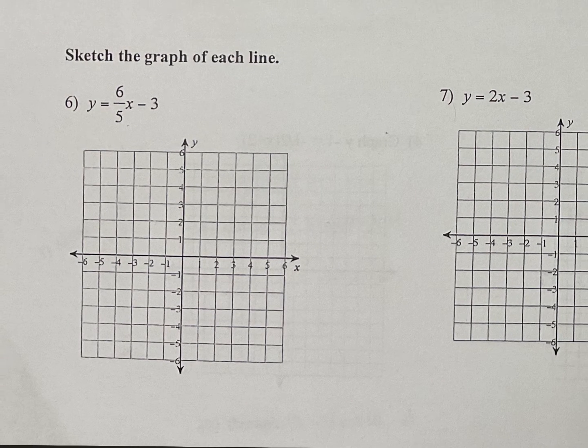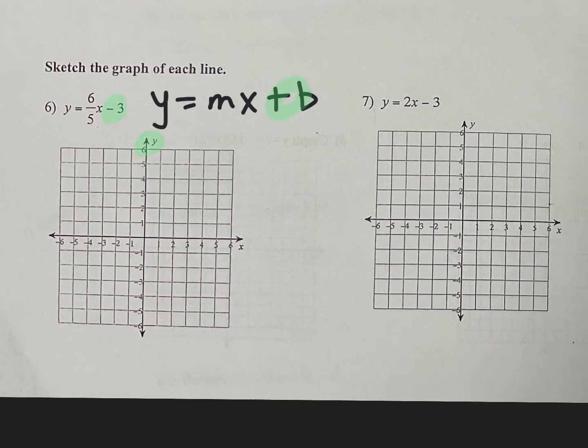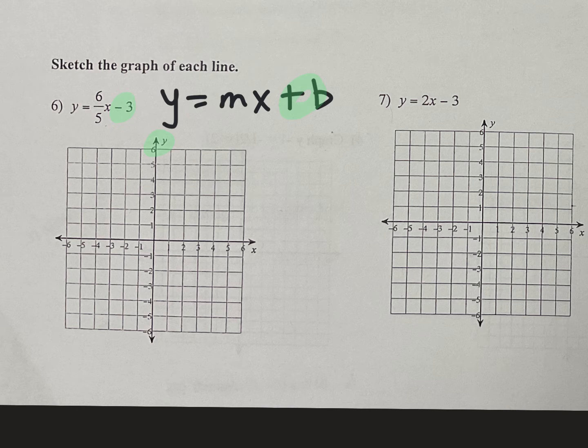So that's just plain old y equals mx plus b. So you're back to just doing the y-intercept and using the slope. I would expect these are probably the easiest 2 on there. Set a timer for 3 minutes.